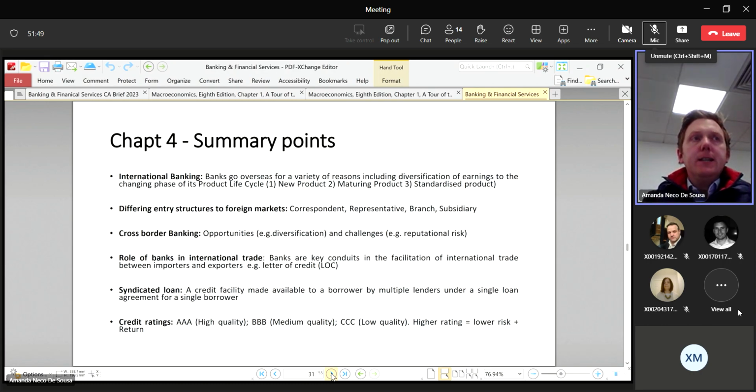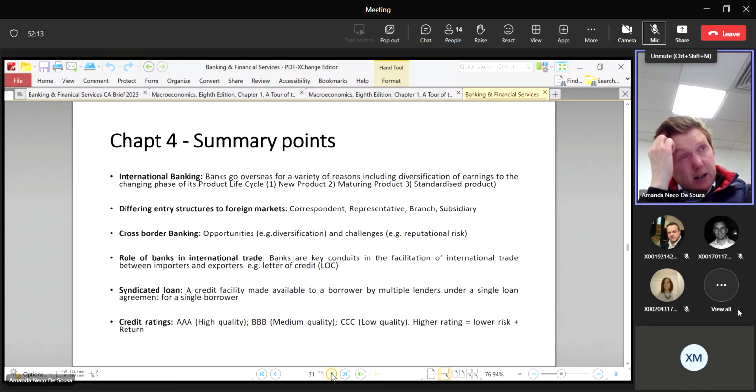There are different entry structures for foreign markets. The easy, low-risk one is the correspondence branch, and the one where you have to put down the most capital, but you probably will make more of a success of it, is the subsidiary, and they're all detailed on the slide.